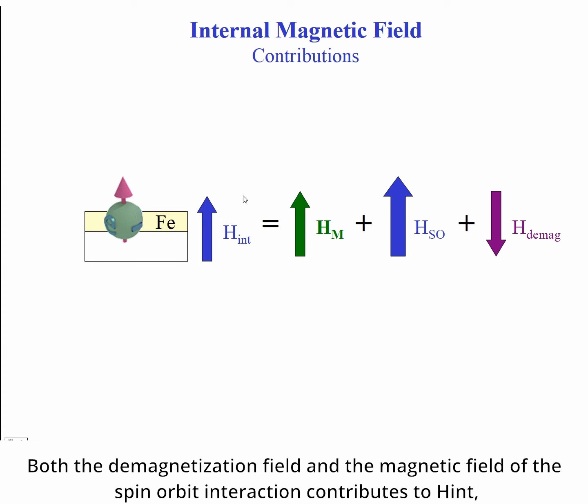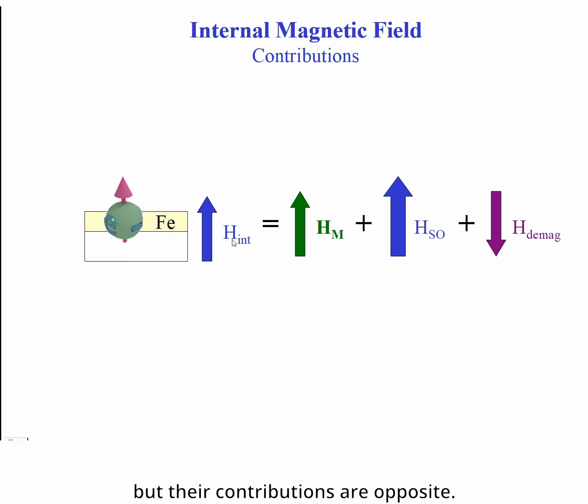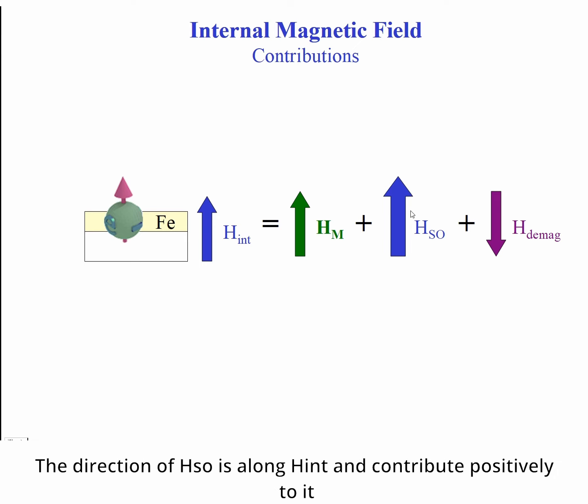Both the demagnetization field and the magnetic field of spin-orbit interaction contribute to the internal magnetic field, but their contributions are opposite. The direction of the magnetic field of spin-orbit interaction is along the internal magnetic field and contributes positively to it.